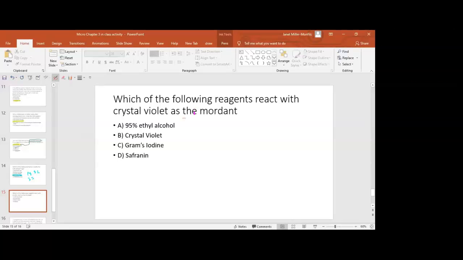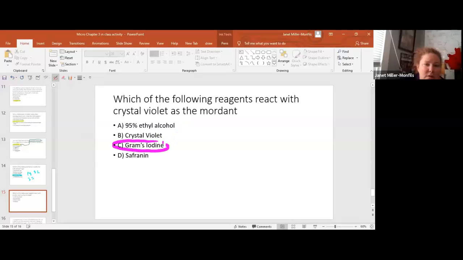Is it C? Yeah, it is Gram's iodine. Good job. So cresol violet can't react with itself. Well, actually, that would be the same. But the Gram's iodine would be that chromatin. So good job.